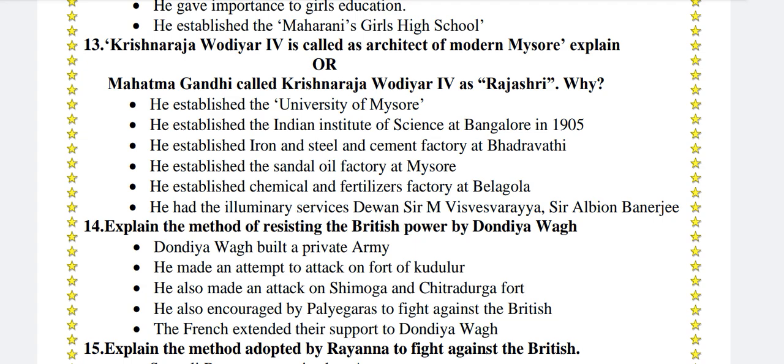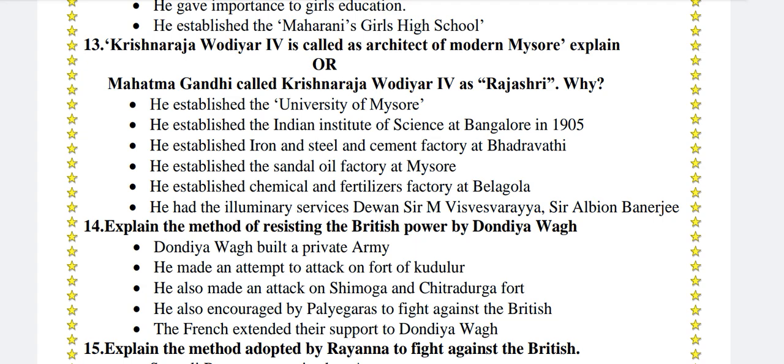He established the iron and steel and cement factory at Bhadravati. He established the sandal oil factory at Mysore. He established the chemical and fertilizers factory at Belagola. He had the illustrious services of Diwan Sir M. Visvesvaraya and Sir Albion Banerjee.